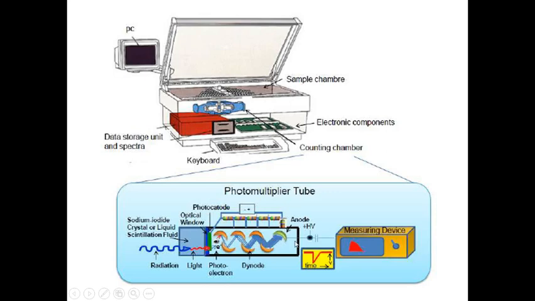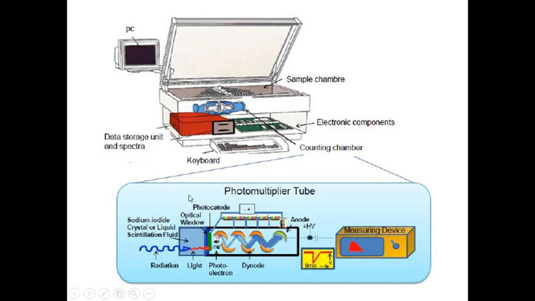Okay, and the signal becomes detectable. Then that photo signal is detected by the cathode ray tube or CCD, converted into an electronic signal, and that signal is measured by the measuring device. So this is the scintillation counter.